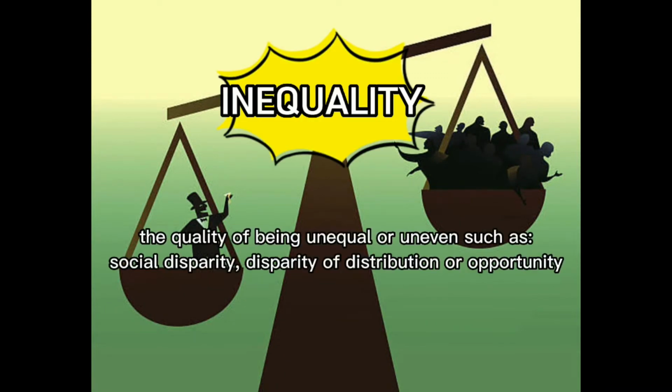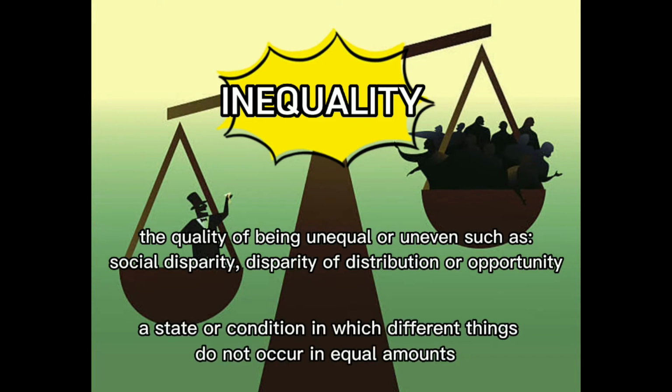According to Merriam-Webster, inequality is the quality of being unequal or uneven, such as social disparity, disparity of distribution or opportunity, or in other words, a state or condition in which different things do not occur in equal amounts.